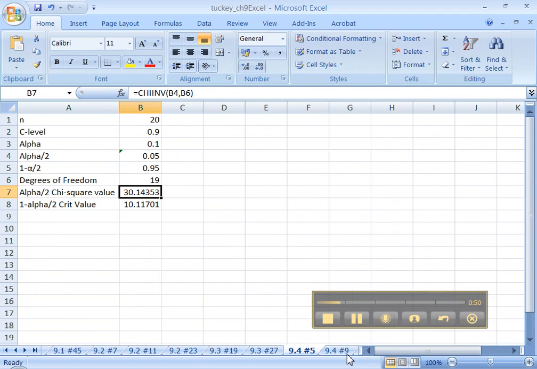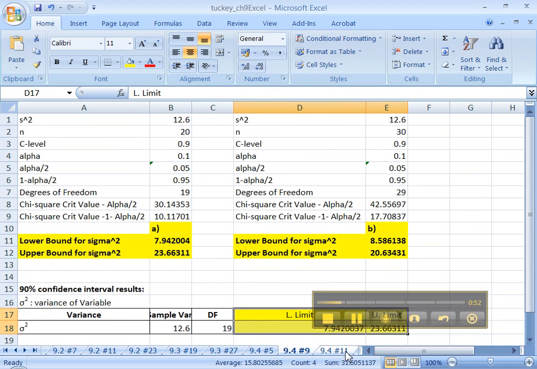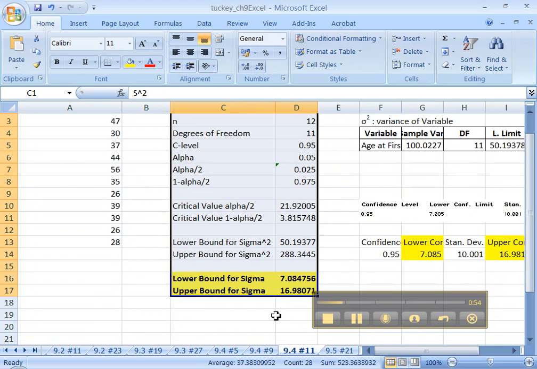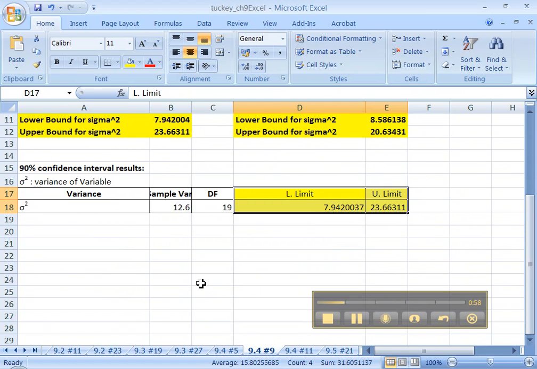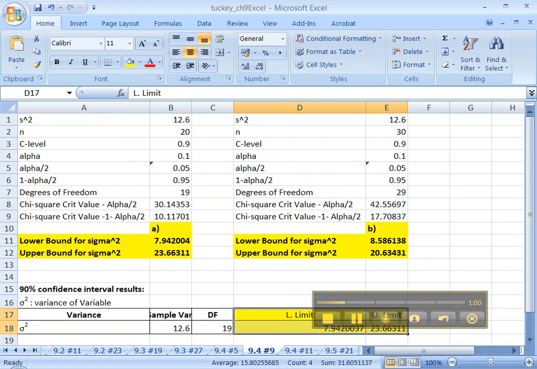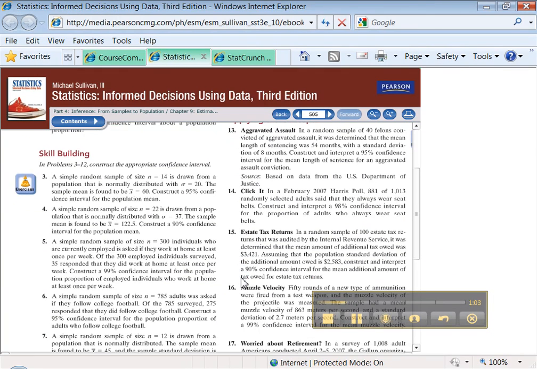And 9.4 was for the standard deviation or the variance. It depends on what you were asked. Like this one asked for standard deviation, this one asked for variance. So when you're in 9.5, you actually already know how to do every one of these problems. It's a question of which one do you use when.